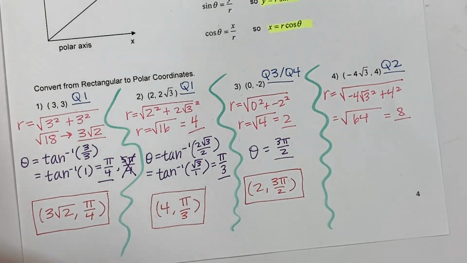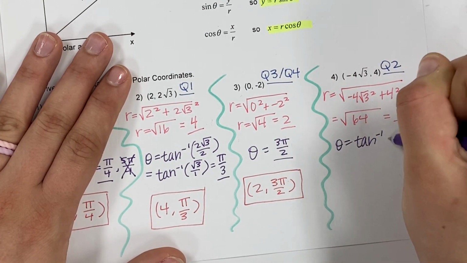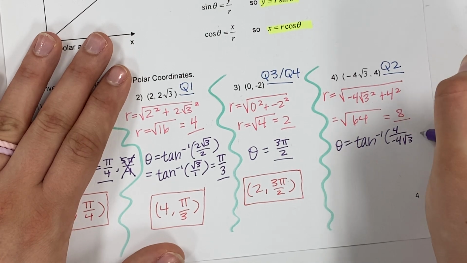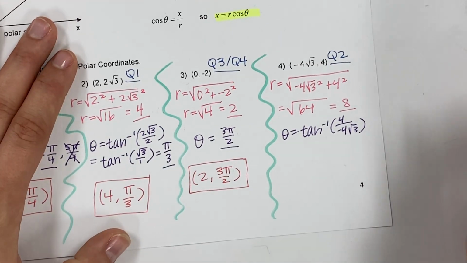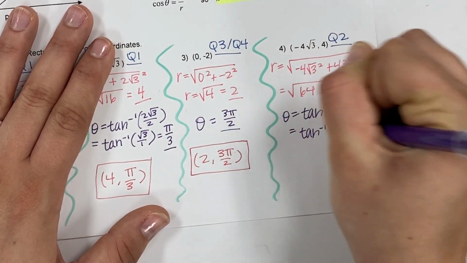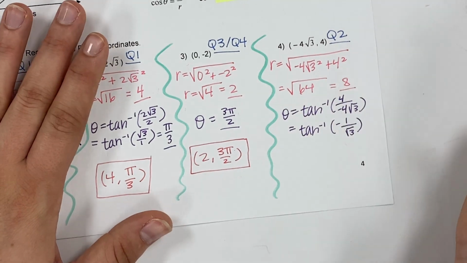Okay, theta. We're doing the tangent inverse of 4 over -4 root 3, which you said simplified to -1 over root 3. And you're only looking in quadrant 2.